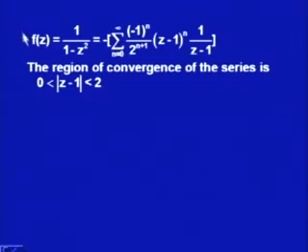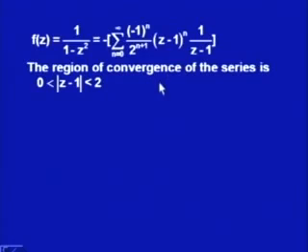And this gives me the f(z) representation of 1/(1−z²) as minus summation n = 0 to infinity of (−1)^n (z−1)^n over 2^(n+1), multiplied by 1/(z−1). So, this is in powers of z−1.